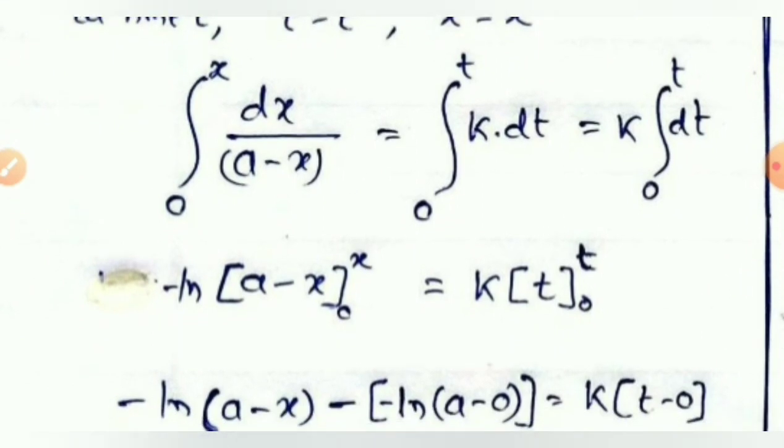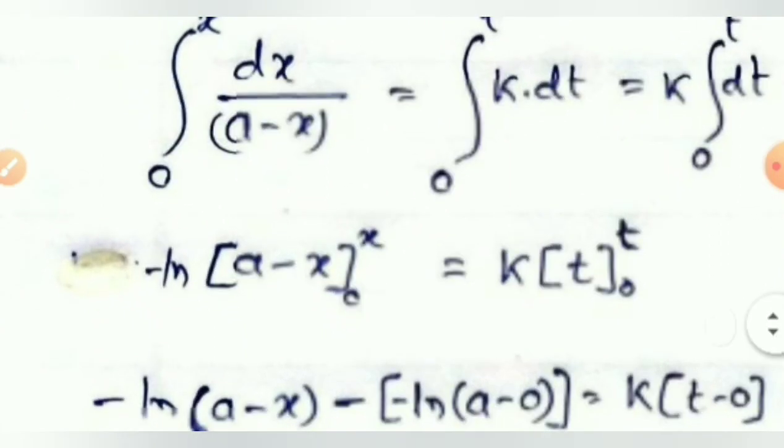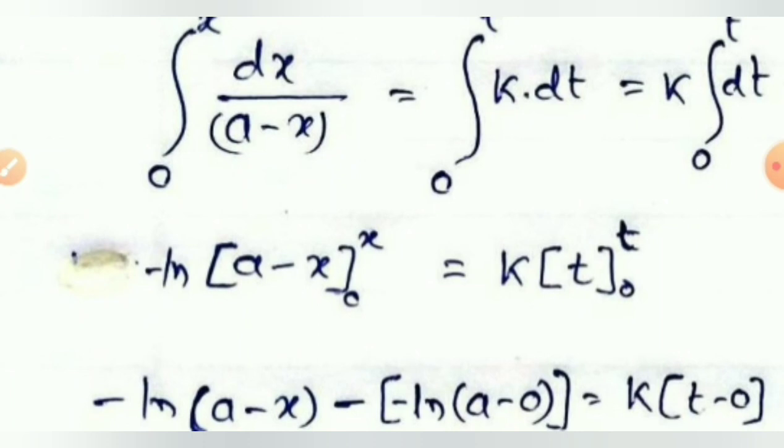Now we know the integration of dx upon A minus x within the limits 0 to x can be written as minus ln of A minus x. This is a mathematical conversion. In the same way, k into the integration of dt gives t, within the limits 0 to t.